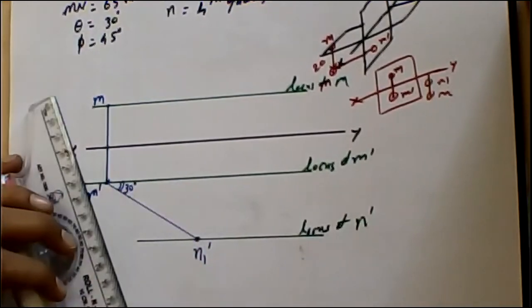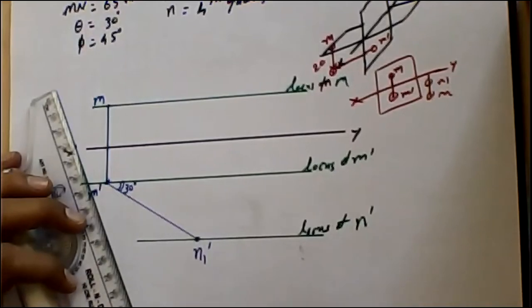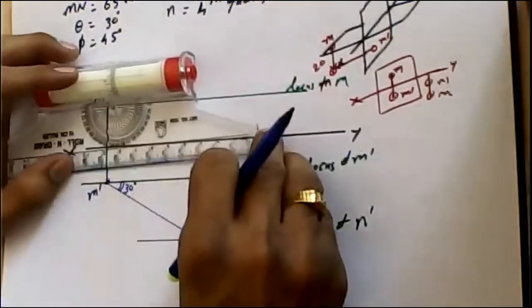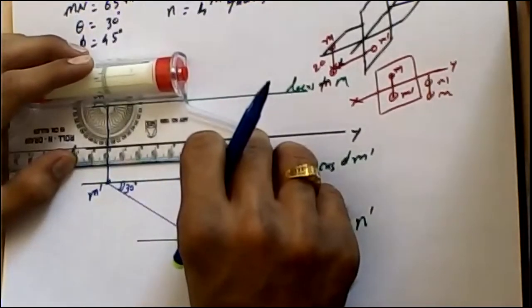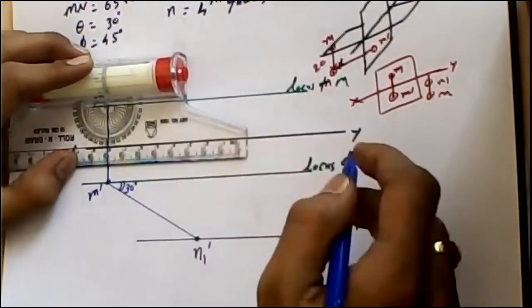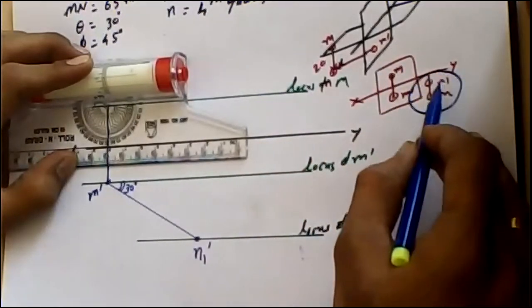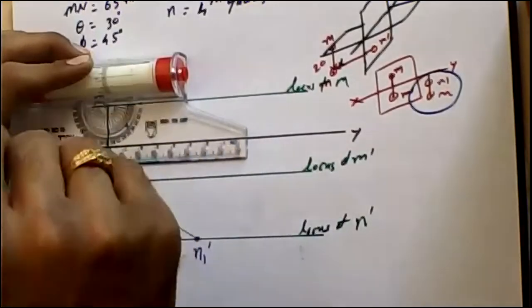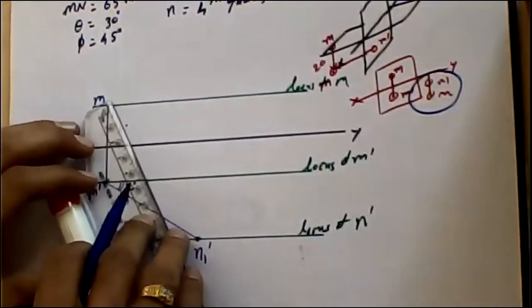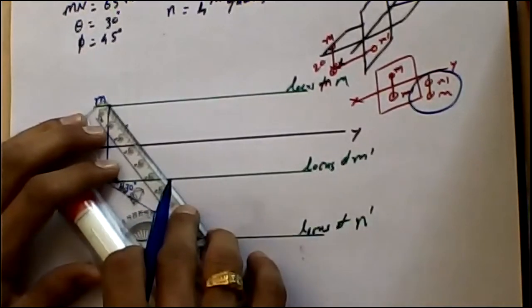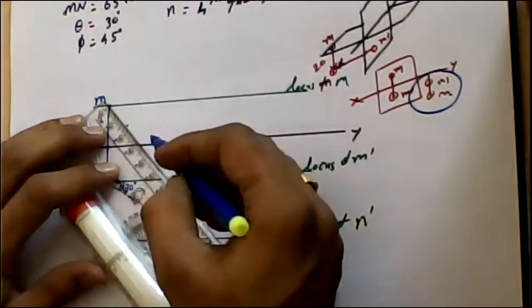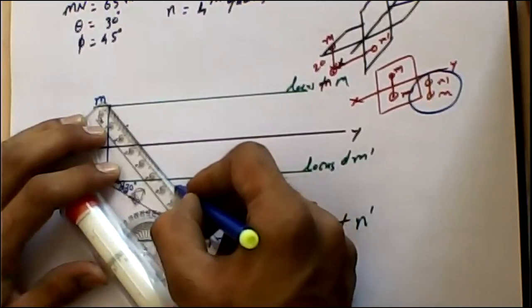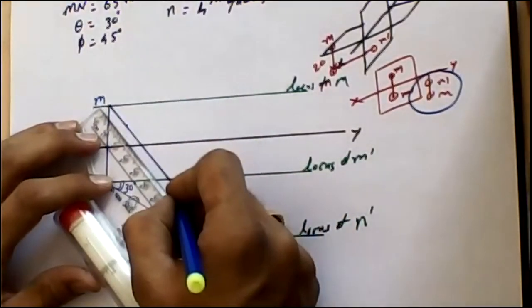Now let us have the inclination with the vertical plane, which is 45 degrees. So let us mention that 45 degrees also. We are taking the angle in the downward direction because the position of N is going to be below the reference. So let us have that 45 degree position over here. Now draft the line. The line should have a length of 65 mm, so it is going to be up to this particular position.